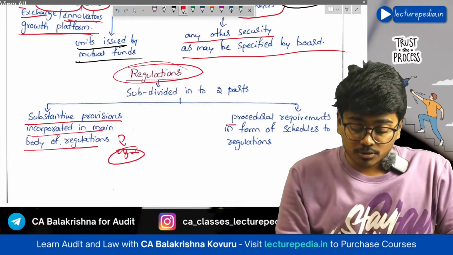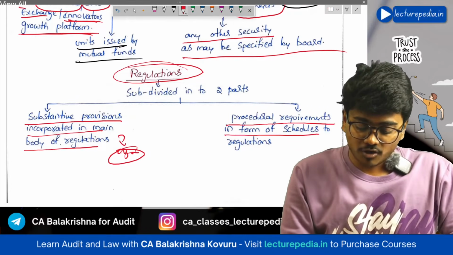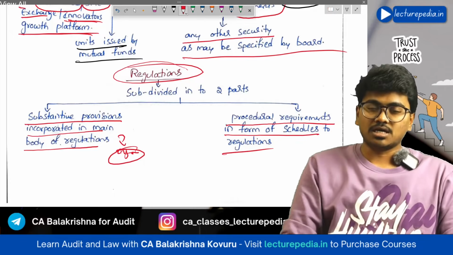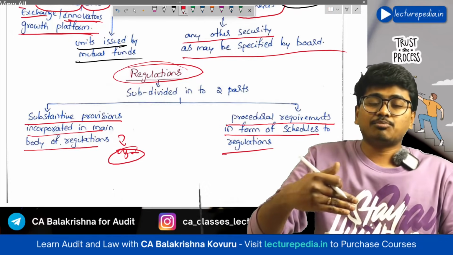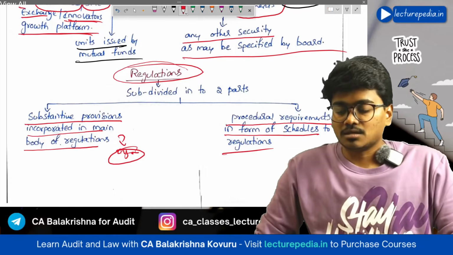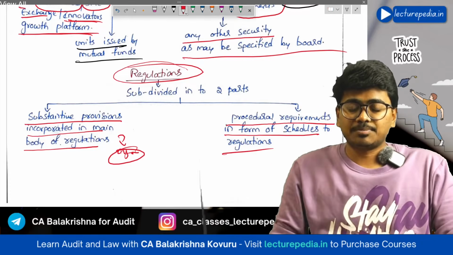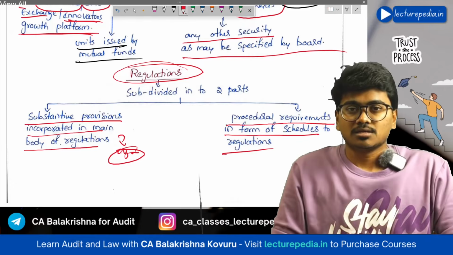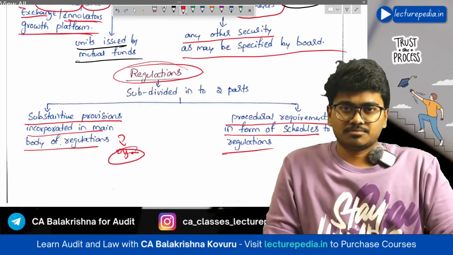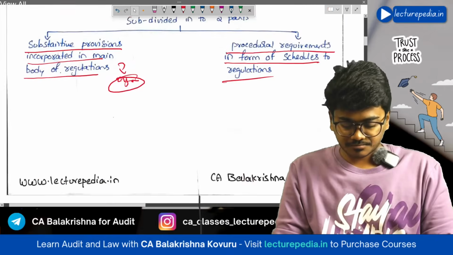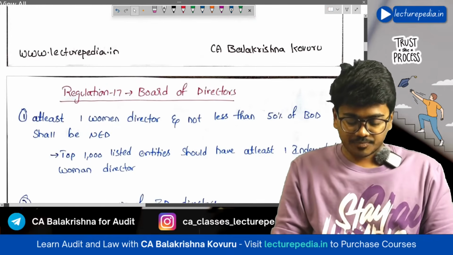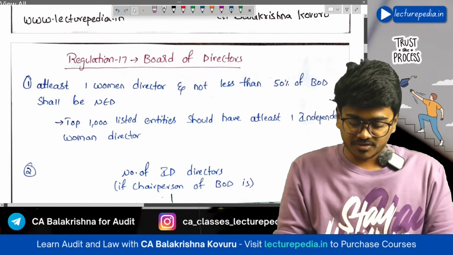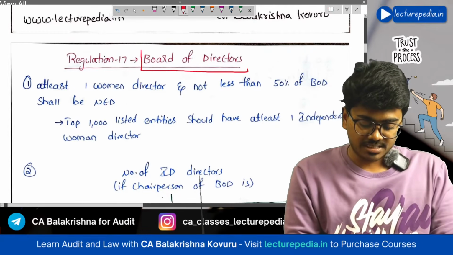And procedural requirements in the form of schedules to the regulations. SEBI has kept all the procedural requirements in the schedules to the regulations. Hope that is clear.